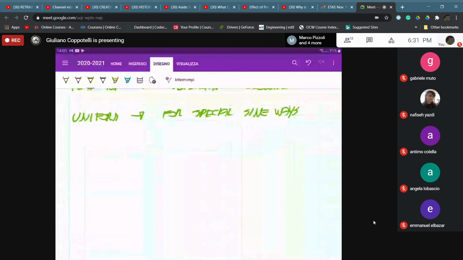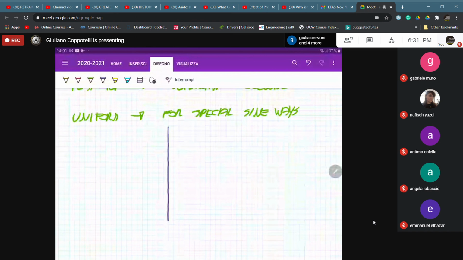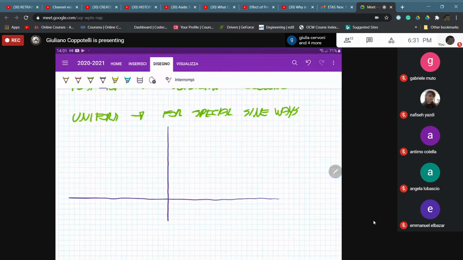The general shape of these functions is this one. Let me plot these functions. Once again, we have time on the x-axis, your windowing function in the time domain.